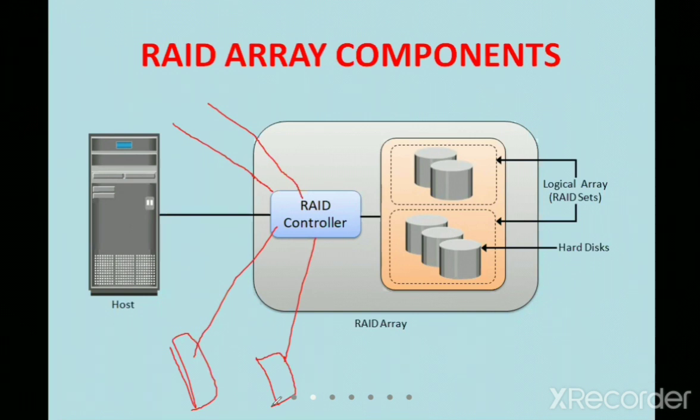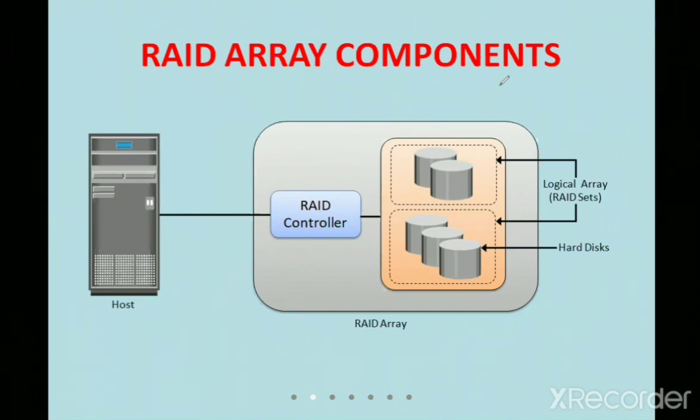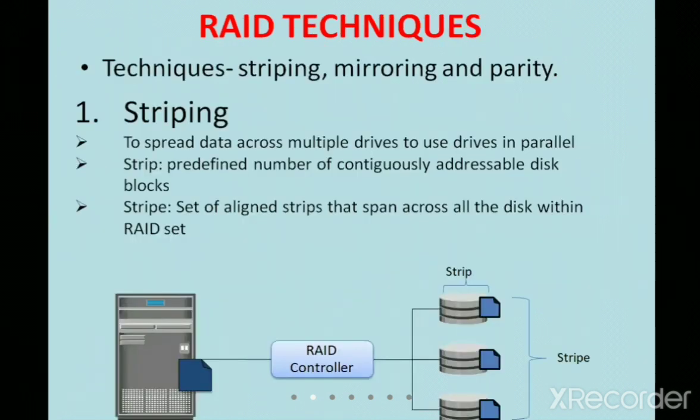So please remember, we have the components: the host, the RAID controller, the RAID array, the logical arrays and the hard disks. We have seen how all these RAID components help. Now, what are the techniques involved?